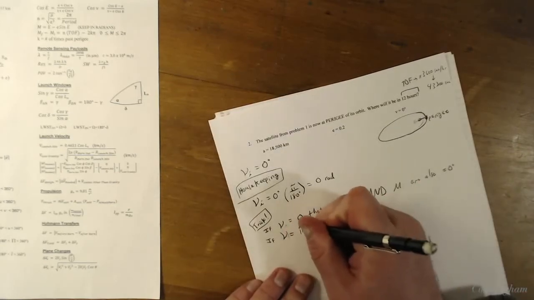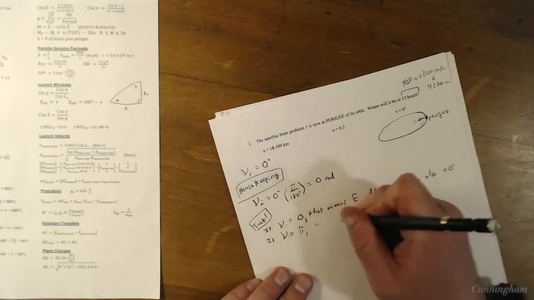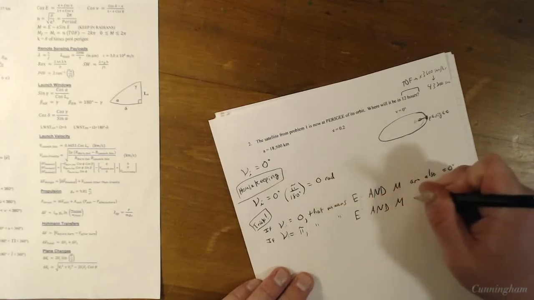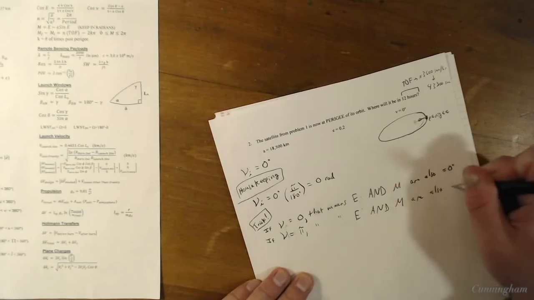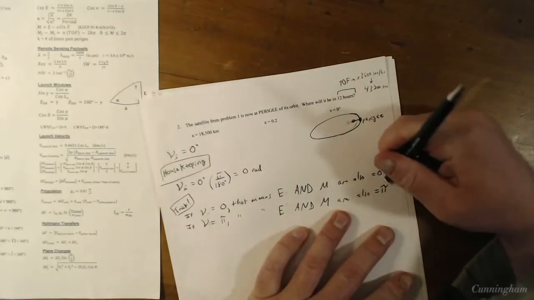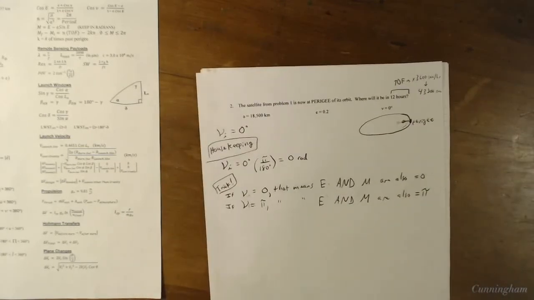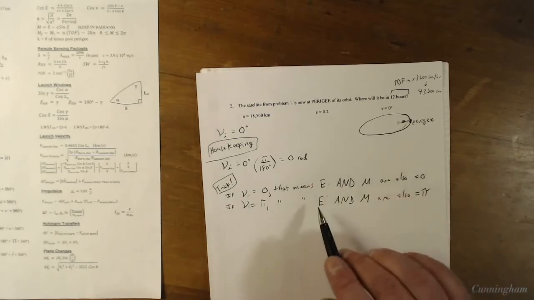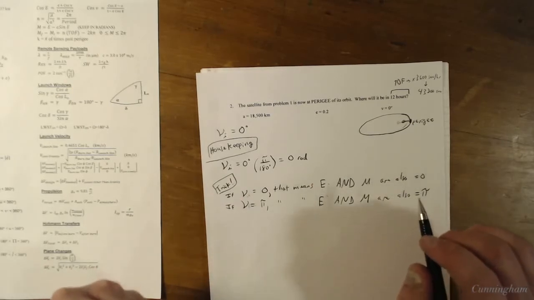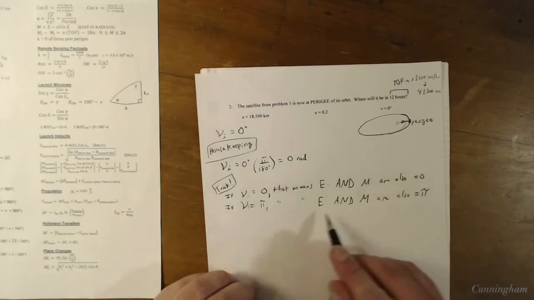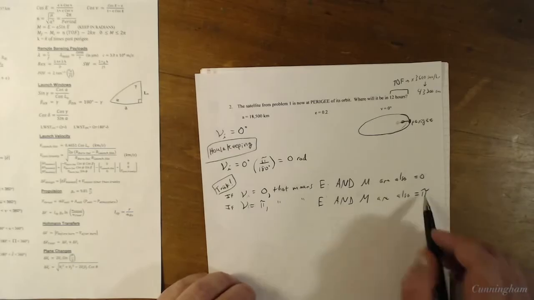That means that eccentric anomaly and mean anomaly are also pi. Of course, out of habit, I put degrees there. Shouldn't have done that. So if true anomaly is 0, eccentric anomaly and mean anomaly are also 0. If your true anomaly is pi, E and M have to follow it and also be pi.